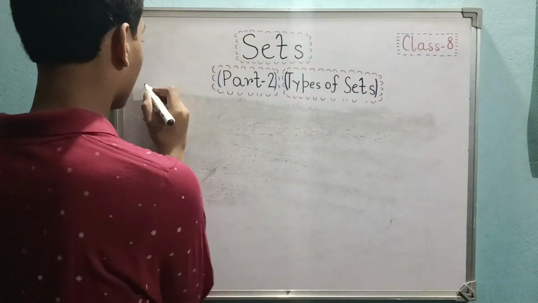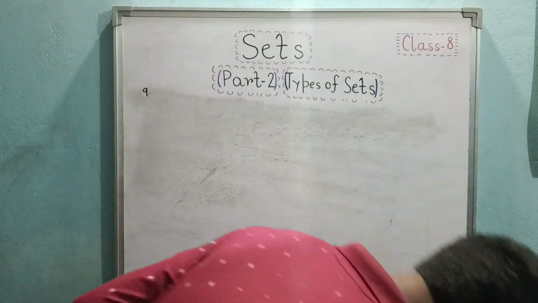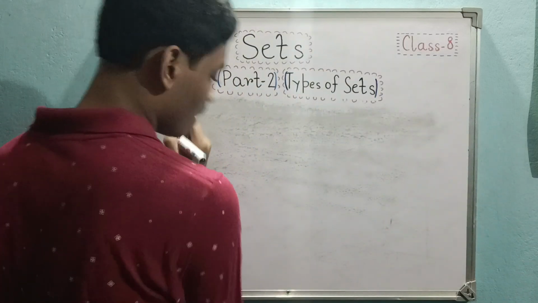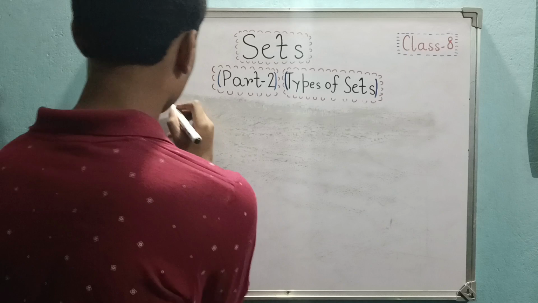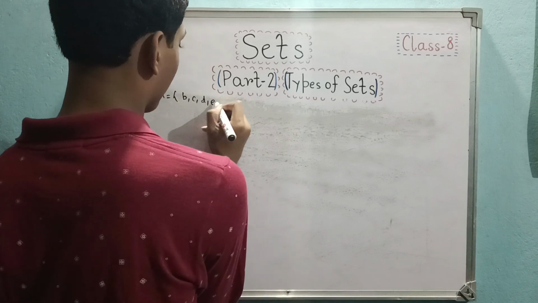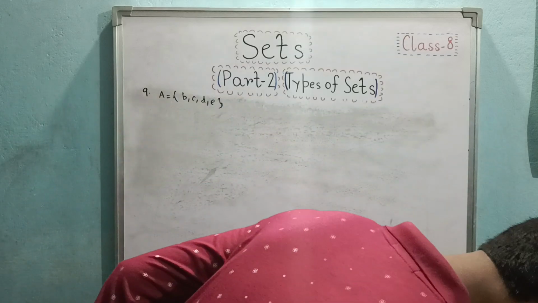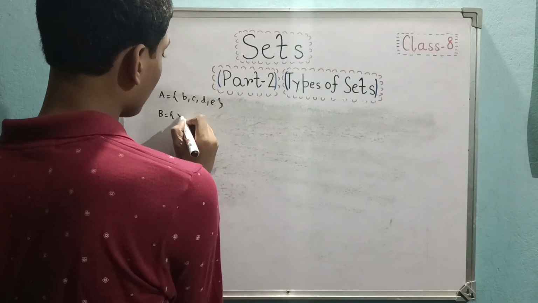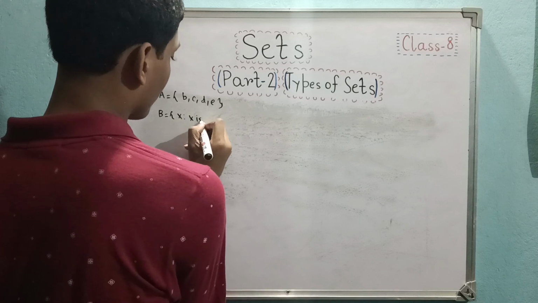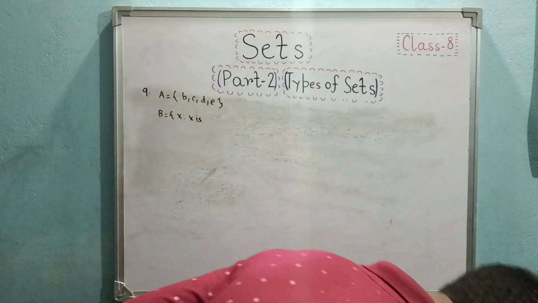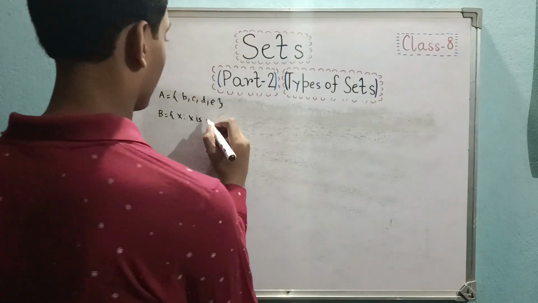So let's see question 9. Now we have A equal to b, c, d, e. Letters, no numbers. In sets we call them elements actually. And in B we have x such that x is a letter in the word MASTER.